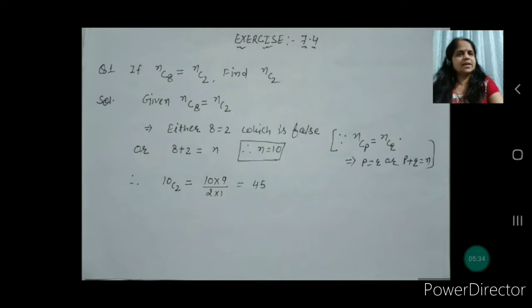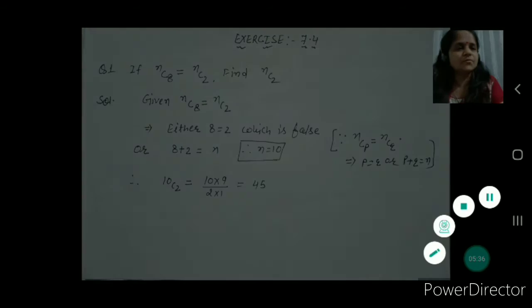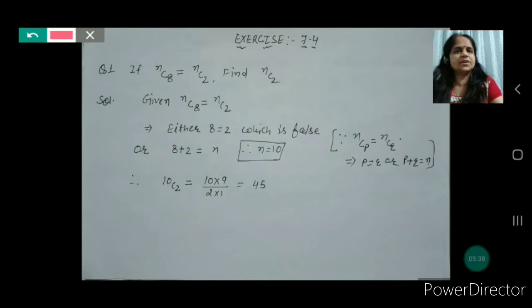Now move to exercise 7.4, question number 1. Here, if nC8 is equal to nC2, find nC2. So here, students, nC8 is equal to nC2. It means 8 is equal to 2, which is not possible, so it is false.